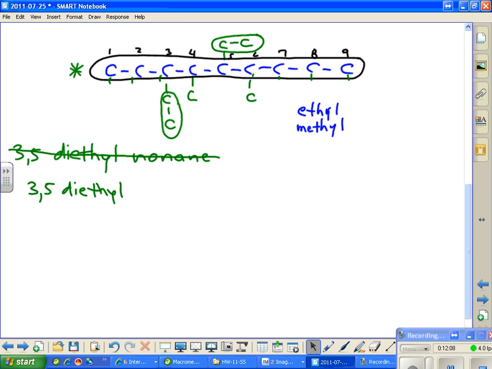So this is 4, 6, thinking of the dimethyl. And what's the prefix? Di. Methyl. And then the nonane. Okay, there we go.